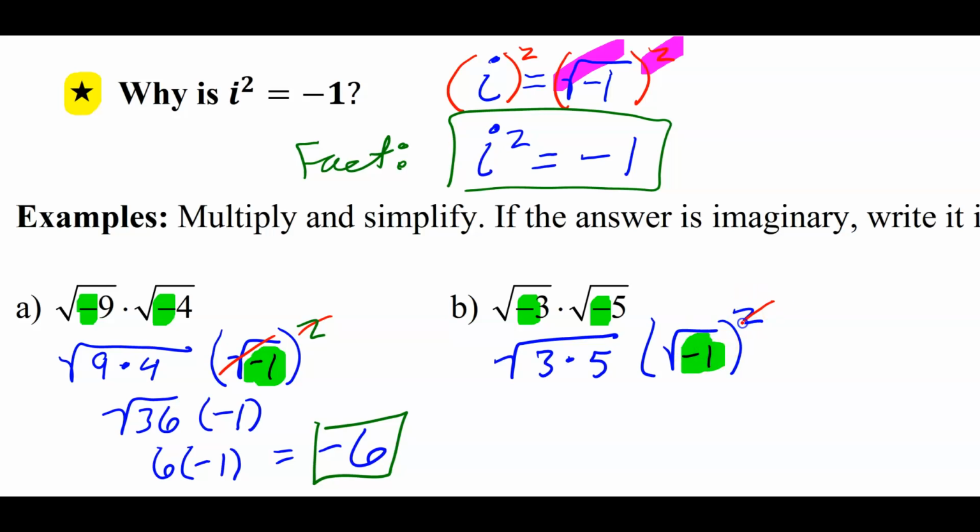Once again, the square and the square root reduce each other. I'm left with the square root of 15 times -1. Generally, regular numbers go in front, so the final formatting would be negative square root of 15, because the square root of 15 does not reduce. That is my final answer.